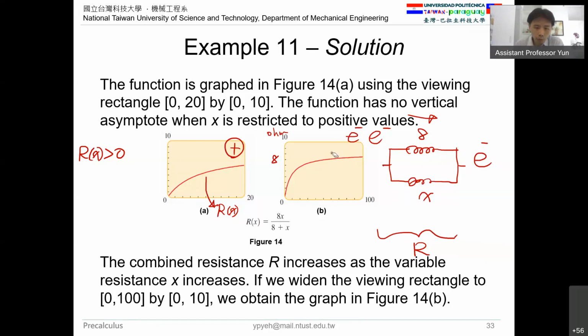But this also shows you that in the beginning, the electrons will pass into this resistance, but with time, the amount will be limited to this 8, for example.